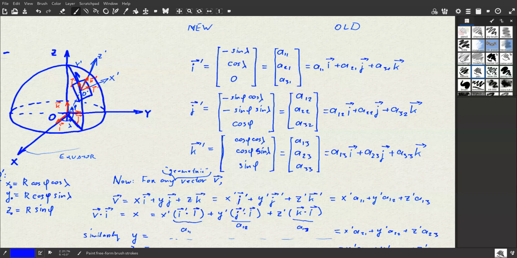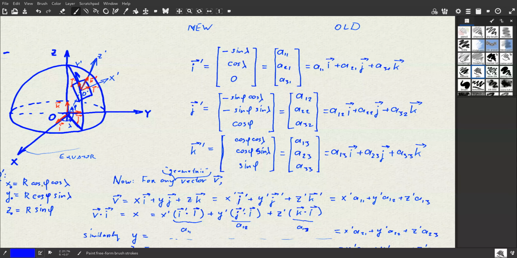Therefore, the absolute value of its projection to the xy plane is sine phi, and indeed, when phi is 0, then j prime is completely vertical, and therefore it has 0 projection to the xy plane. When phi is, on the contrary, 90 degrees, pi over 2, then j prime is horizontal, so it has projection being 1. Therefore, its projection on the plane is indeed sine phi.